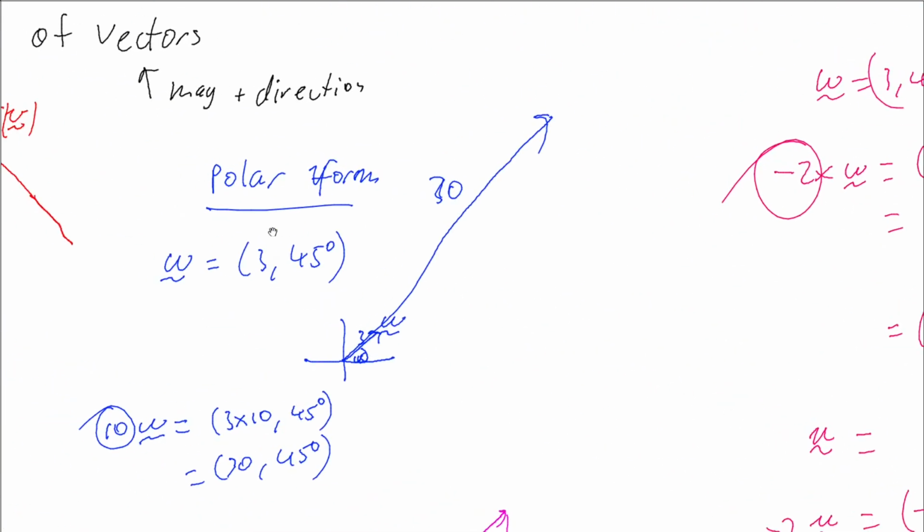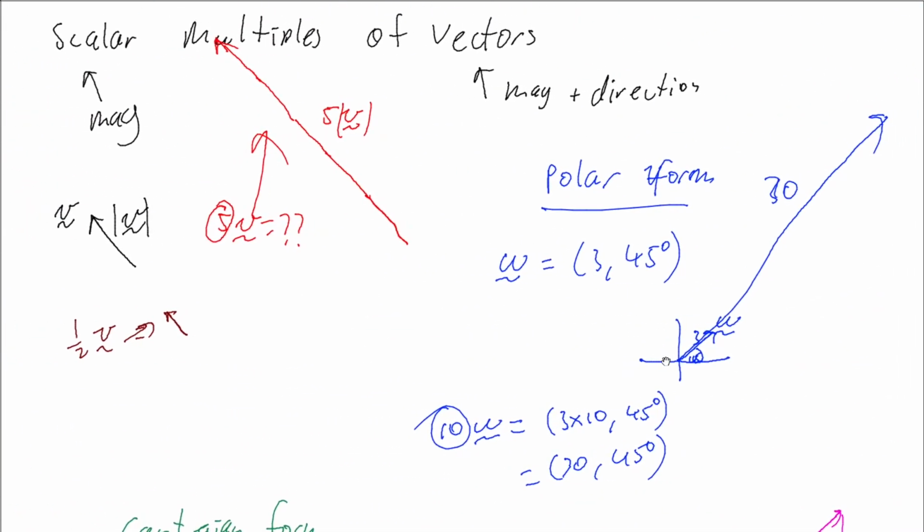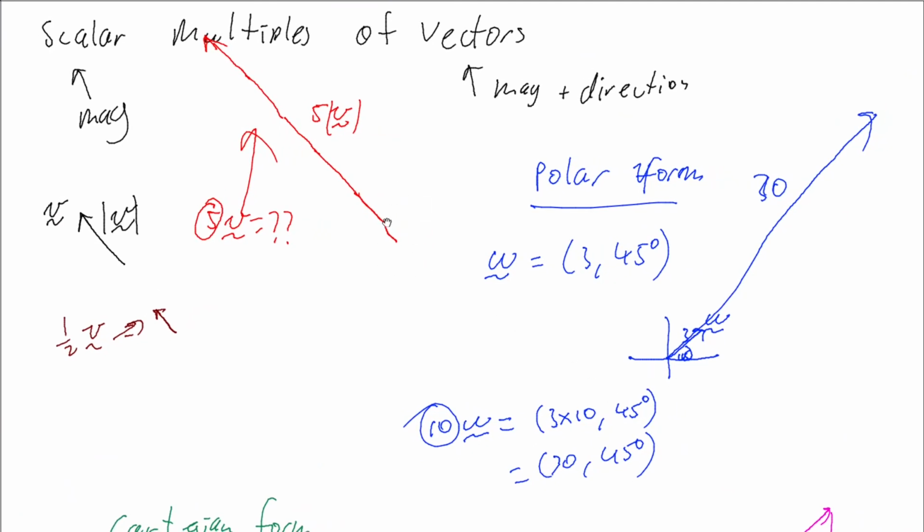So, wrapping up, scalar multiples of vectors. If you're going to multiply a scalar by a vector, all that happens is the magnitude changes by the value of the scalar. If it's a graphical vector, we just draw it again in the same direction, but shorter or longer by whatever the scalar is.